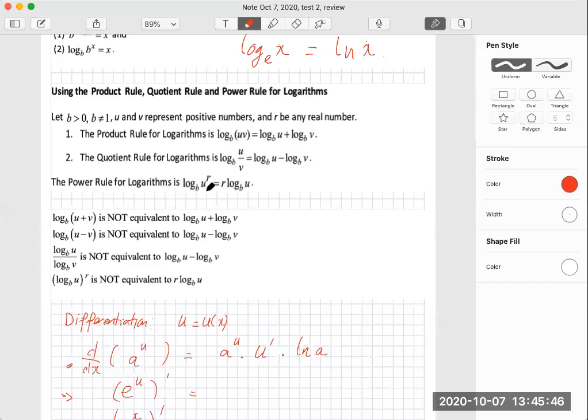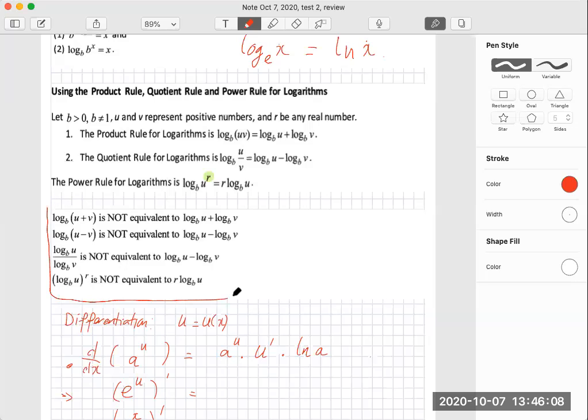And log base b of any function u to the power r, we can take this power and write it as r in front of the log, okay? It's very nice, beautiful. But these are not true, so be careful.